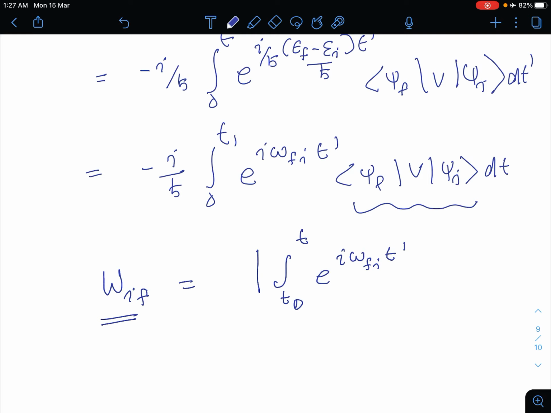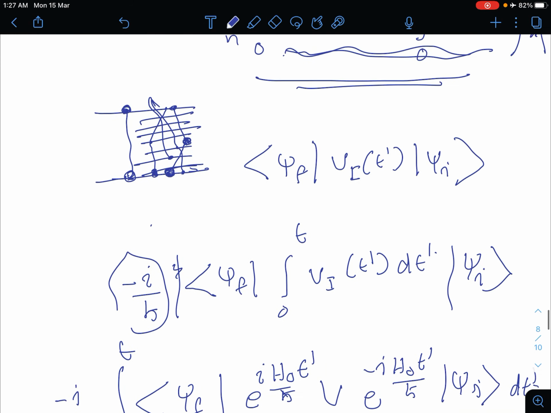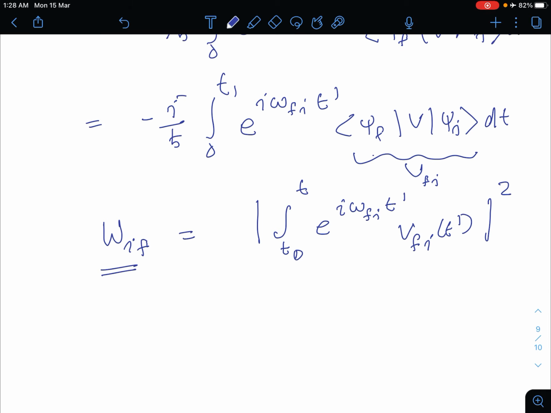Let us call this VFI, the expectation value of V. I am writing VFI of t dash, VFI of t dash whole square, and you have one by h cross square.